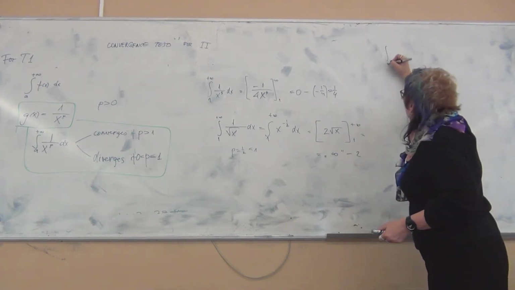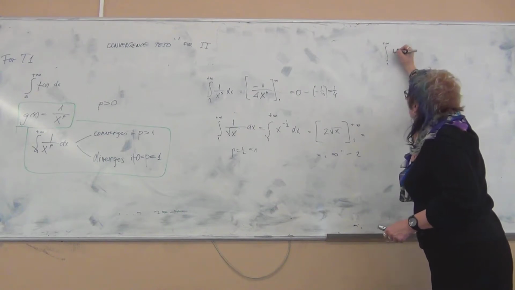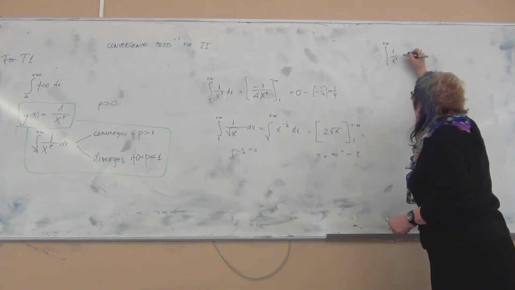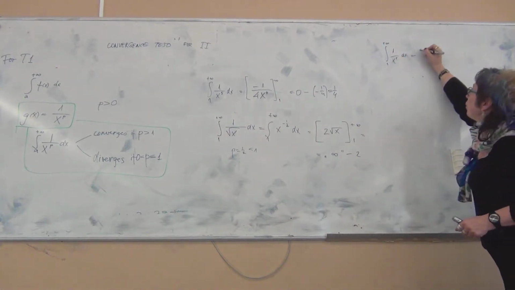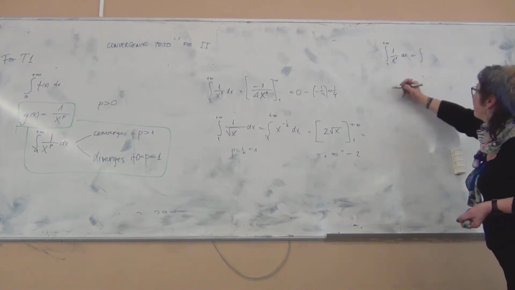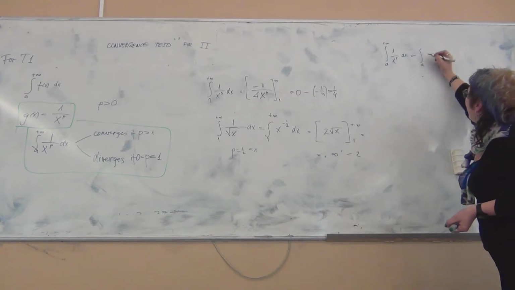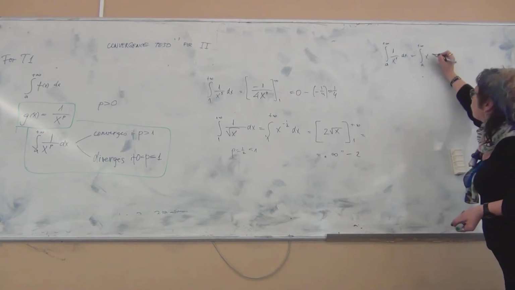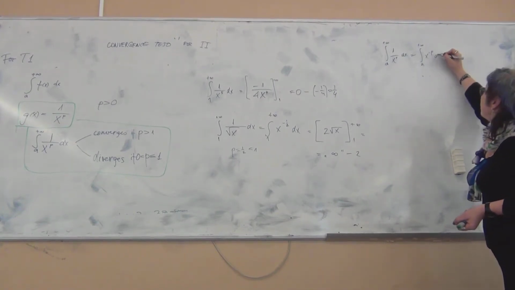So if I have the integral from a to plus infinity of 1 over x to the power p dx, I'll write it as the integral from a to plus infinity of x to the power minus p dx.